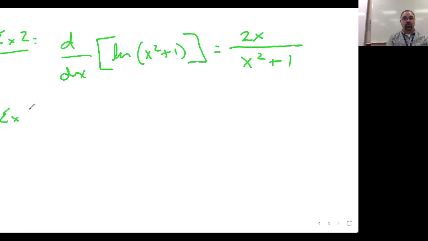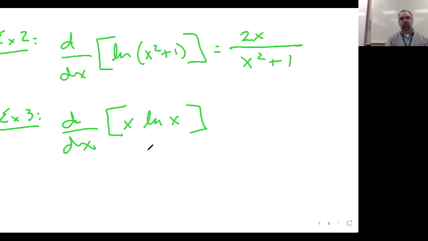Example 3. This one's a little bit harder. I think you guys are ready. That is x times the natural log of x. It's been a while, hasn't it? This is a product of 2 functions. In order to derive a product, you must use the product rule.